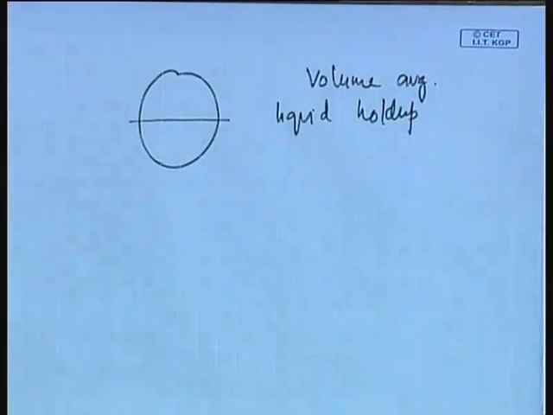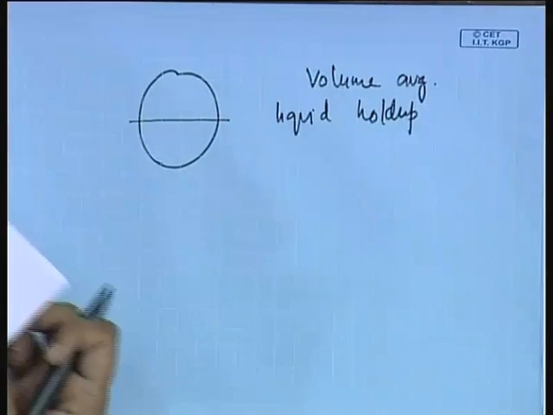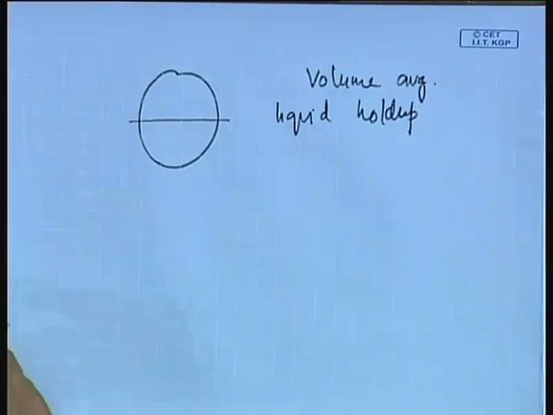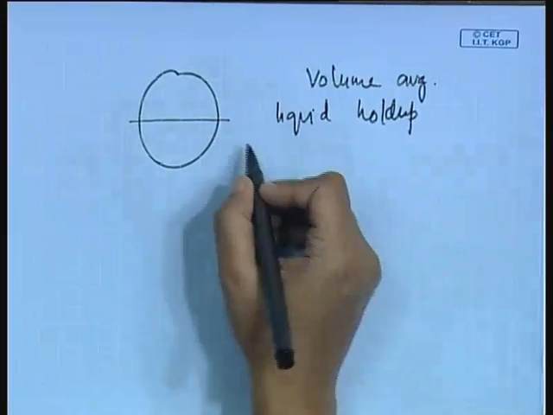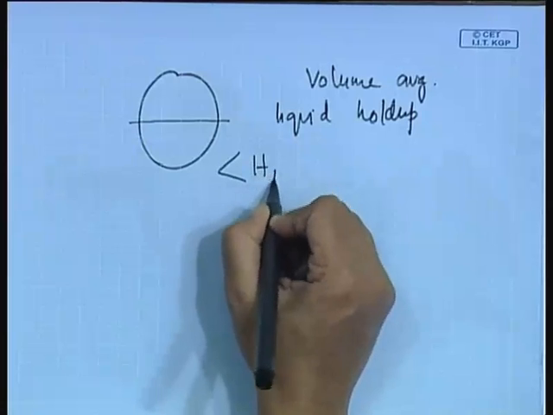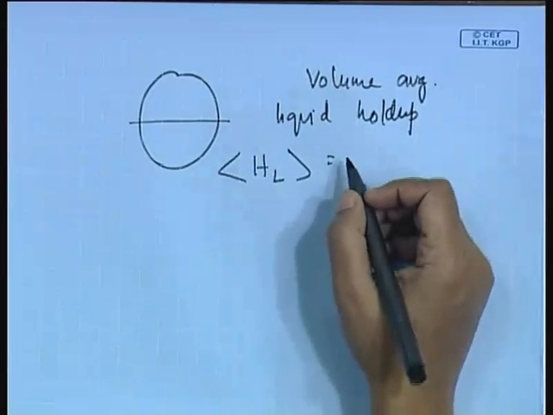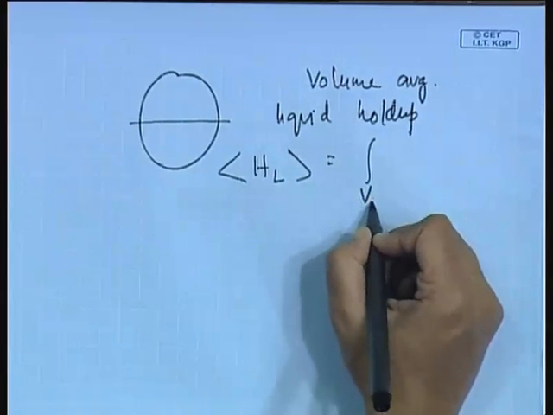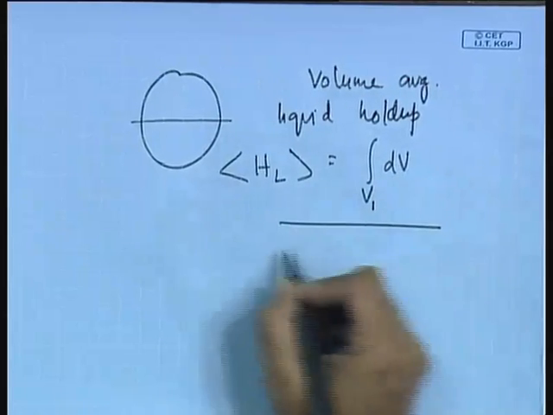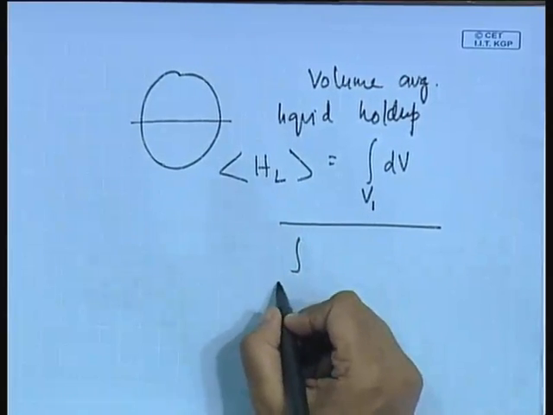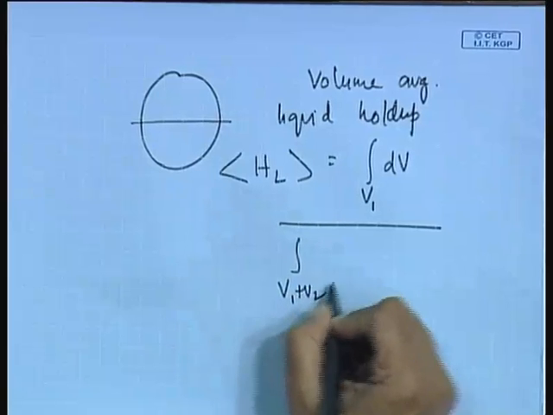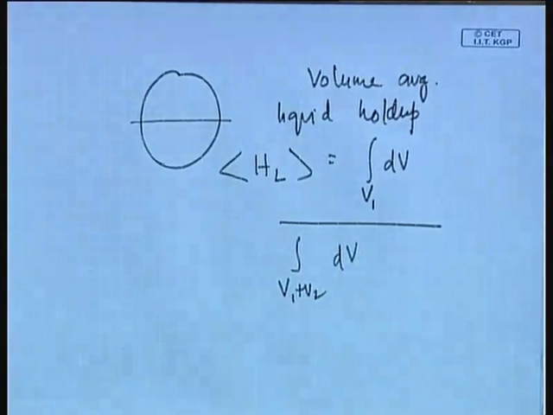Now, how do we define this volume average liquid holdup? Usually the way we define it, mathematically we can express it in this particular term: integral V1 dV by integral V1 plus V2 dV, isn't it?